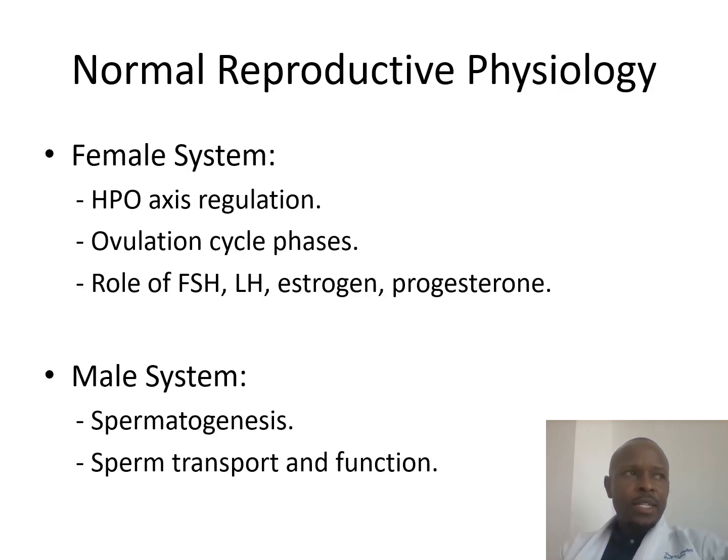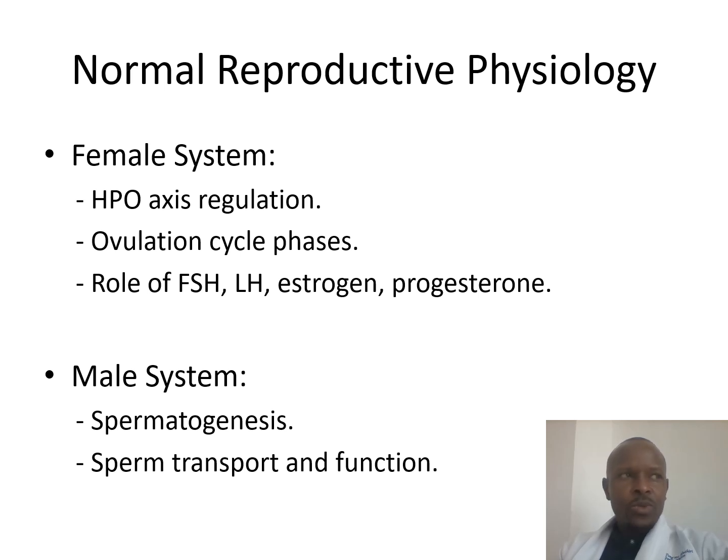To understand infertility, of course, you need to understand normal reproductive biology. And you need to be very, very conversant with the HPO axis, ovulation, menstruation, and the role of the hormones and the levels.